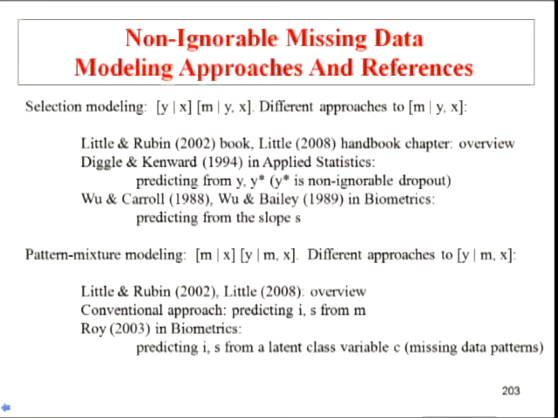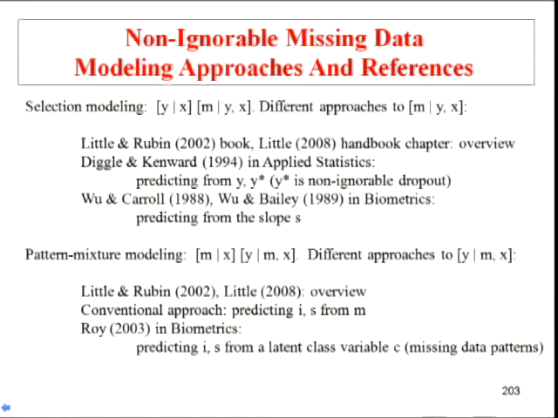You have covariates. But that's not the only data you're observing. The other data that you're observing is whether or not you have missingness on the Y. So missingness or not is a binary variable corresponding to each Y variable. Selection modeling looks at Y given X and missingness given Y and X.